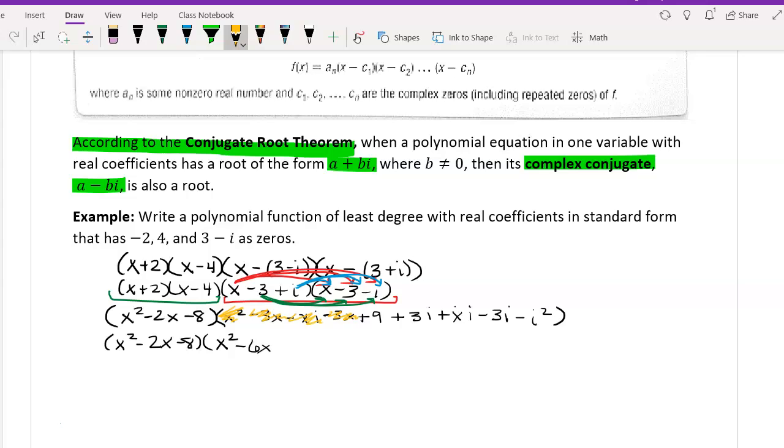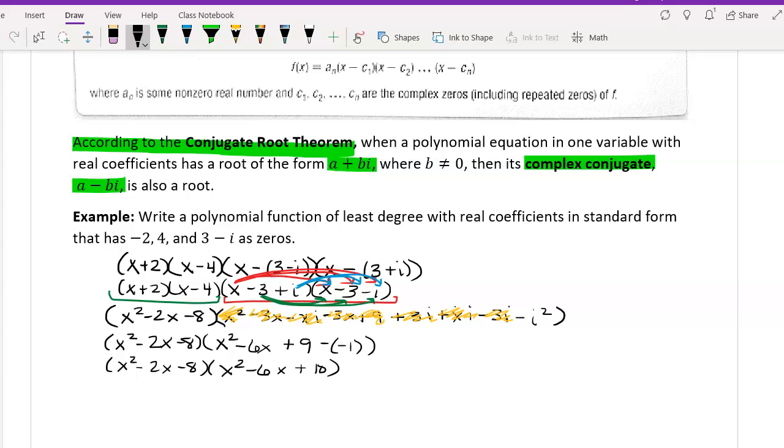Those actually cancel. We have a plus 9. I have a positive 3i and a minus 3i. Those cancel. And I have a minus i squared, which is minus negative 1, which we know equals plus 1, so 10 in total. So I have x squared minus 2x minus 8 times x squared minus 6x plus 10.